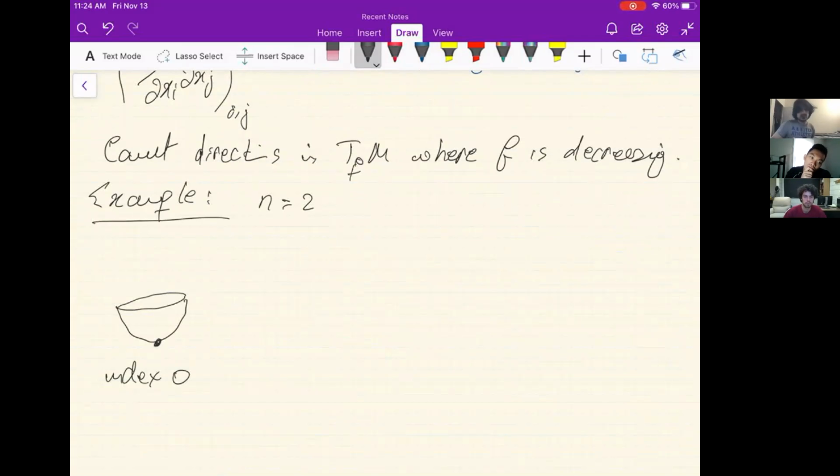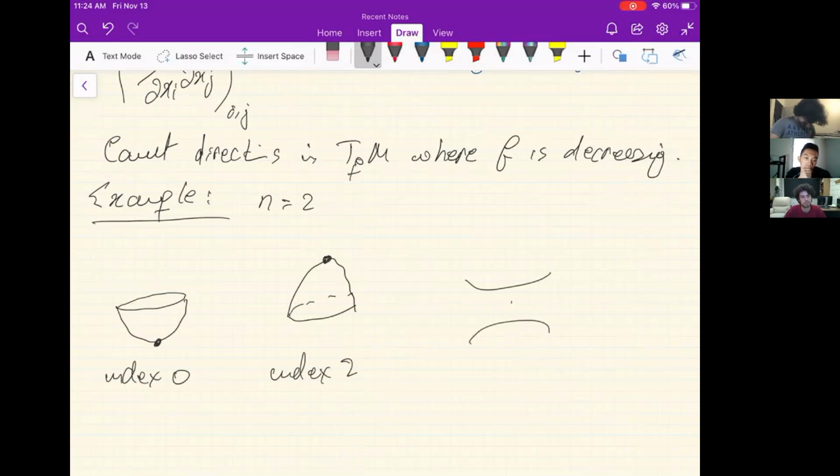Now, a maximum would be something like this. Index 2, you have two directions in the tangent space where my function is decreasing. And you have a saddle point, which is of index 1, where it is increasing in one direction and decreasing in the other.